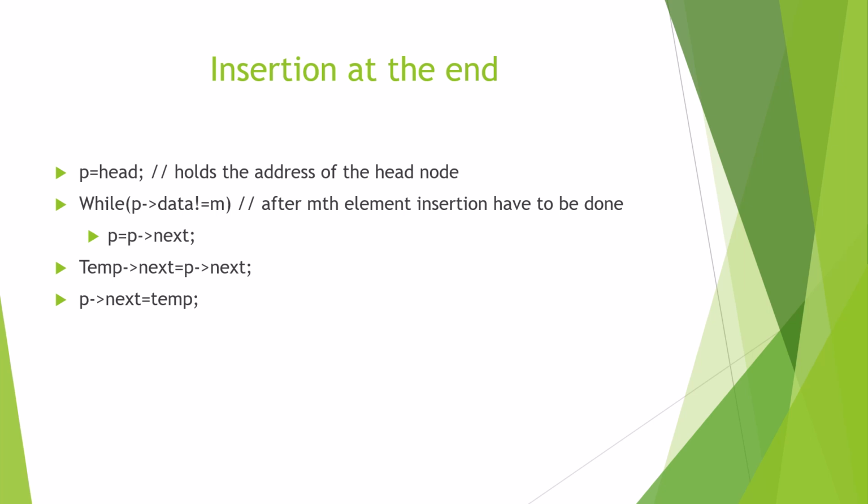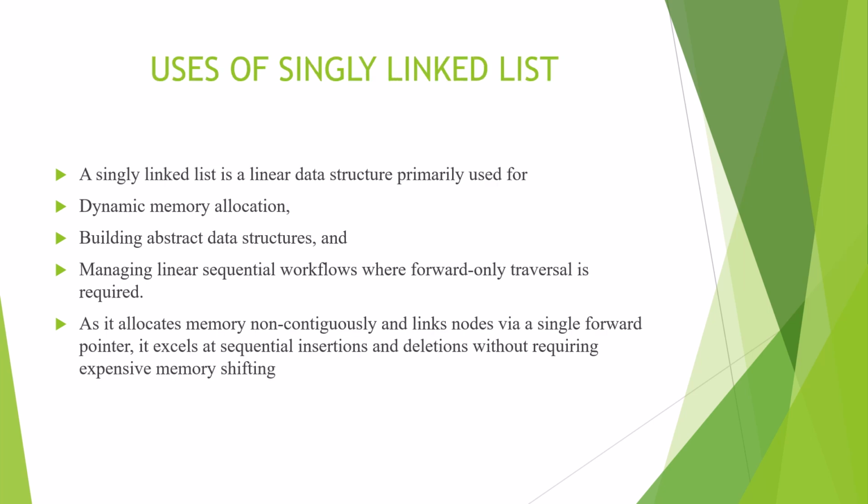Any condition suits this insertion at the end. When the last node is reached, we have to shift the next pointer of p to temp arrow next, and the address of the temp is placed inside p arrow next.